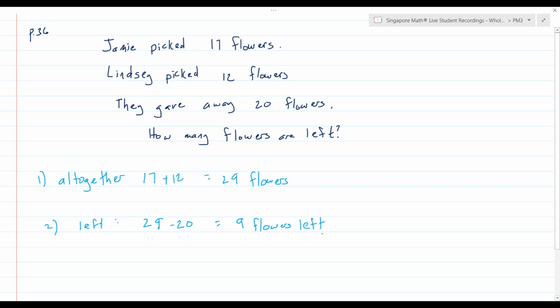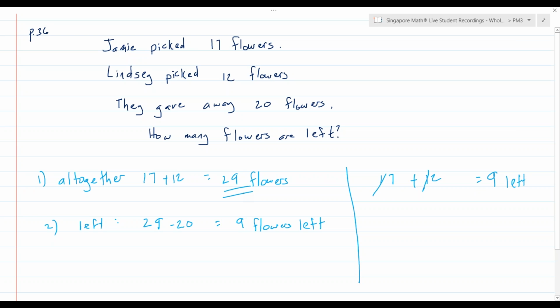Now, did you notice anything as we did that could have made this a little bit easier of a problem? What if we said that Jamie picked 17 and Lindsay picked 12, but if they gave away 20, there are 9 left. Did we have to add to find 29 first?